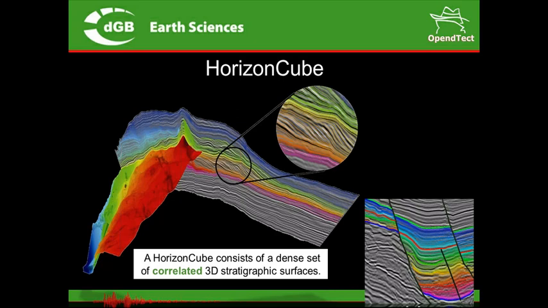So you will create a dip steering cube, which is a cube containing dip and azimuth at every sample position, and you will use it for the Horizon Cube. The result is that your stratigraphy surfaces will follow the geometry based on dip and azimuth instead of tracking using amplitude data. With this new feature, we use dip steering instead of just amplitude data.